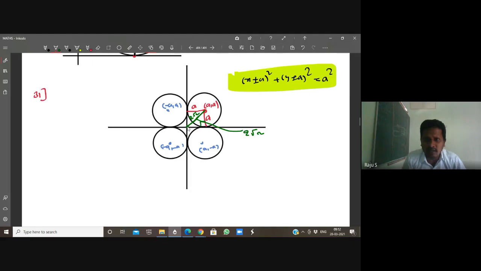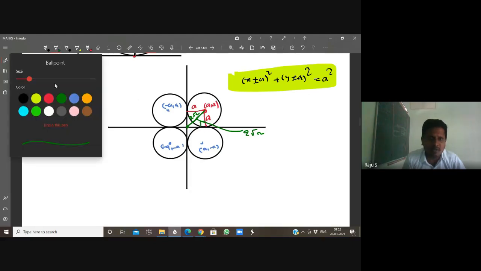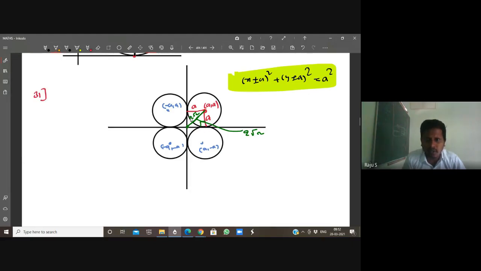This forms a triangle, a right angle triangle. This 2 root 2 is nothing but the hypotenuse. Then this side is a, and this is also clearly a. So by using Pythagoras, a square plus a square is 2 root 2 the whole square. Nothing but 2a square is equal to 4 into 2, nothing but 8. So a square is equal to 4.